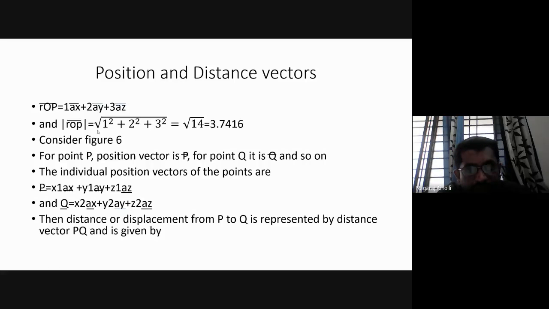Once we found out the magnitude of the position vector, the position vector of P is P bar, and the position vector of Q is Q bar. The individual position vectors of the points are P bar equal to x1 ax bar plus y1 ay bar plus z1 az bar, and Q bar equal to x2 ax bar plus y2 ay bar plus z2 az bar.